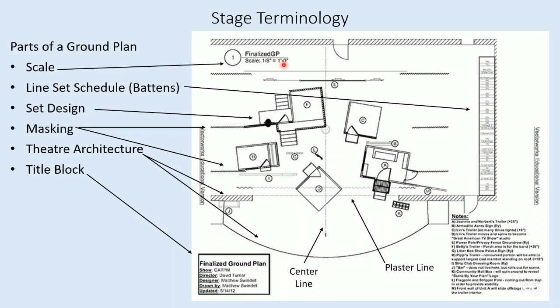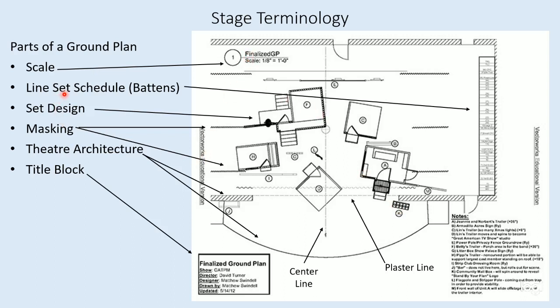So that 8/8 of an inch would be 8 feet. So that means that this unit would be 8 feet. It's a way that we can measure and maintain proportion as we do drawings that are not full size, right? So scale is essential.